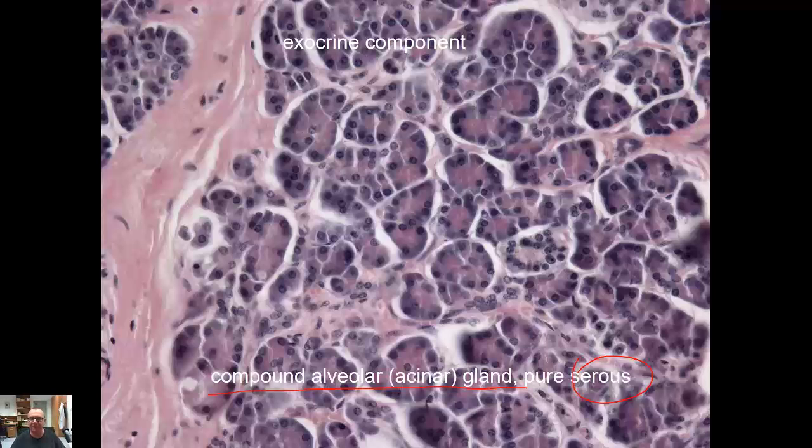Compound means that it has several levels of duct system, which is very highly branching. Alveolar or acinar means that its secretory portion is composed of spherical structures, which I am now delineating. Spherical structures called acini, and no other secretory parts are here, and pure serous.